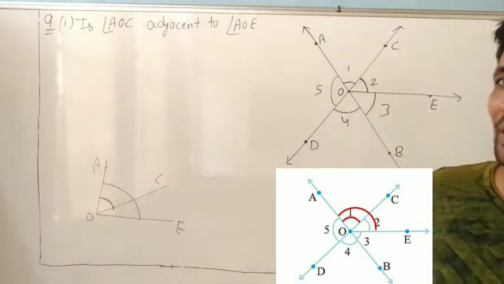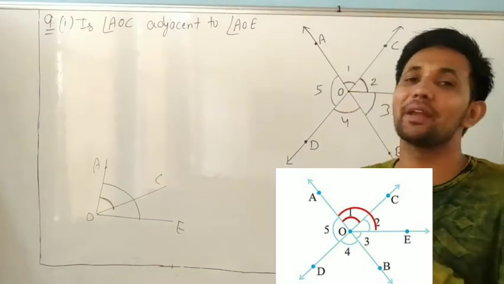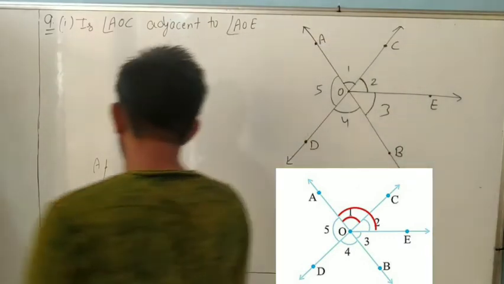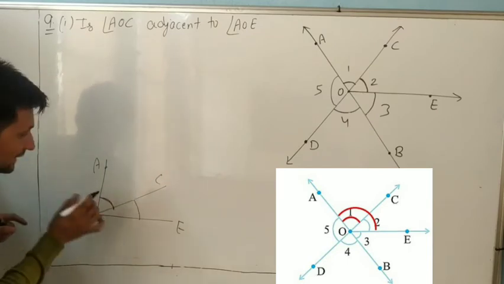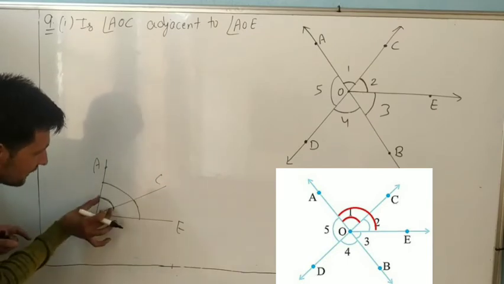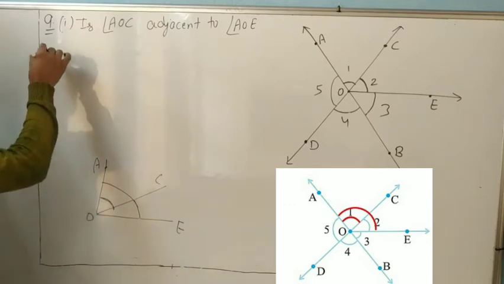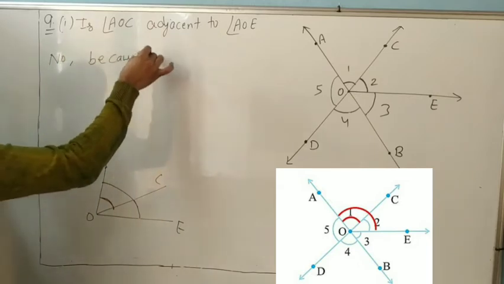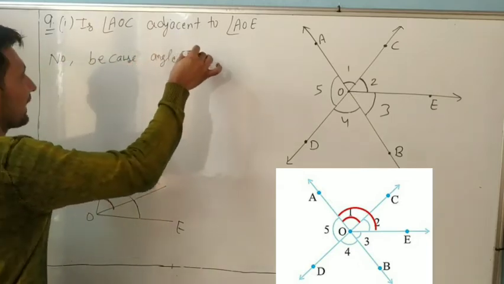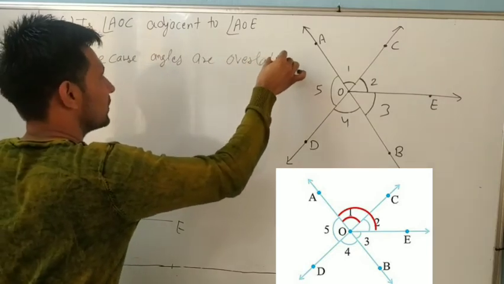Do you remember the fourth point I told you? If angles are overlapping, it means they are not adjacent. Only this angle and this angle are adjacent. But we are talking about this angle and this whole angle. They are not. You write no, because angles are overlapping.